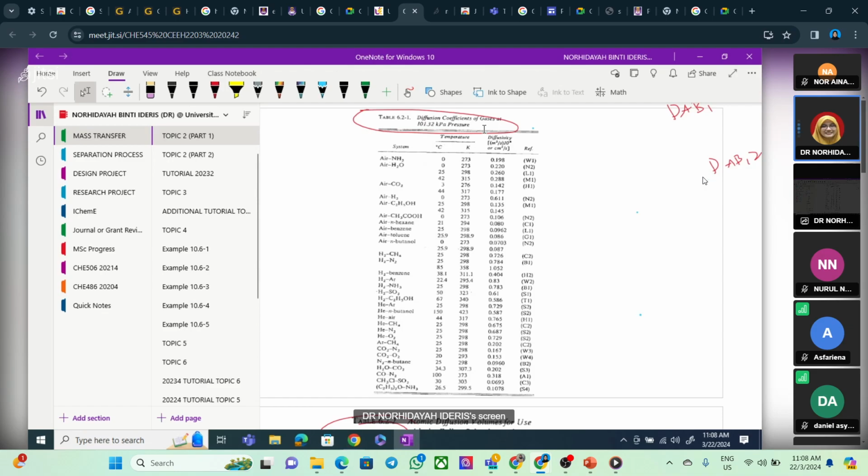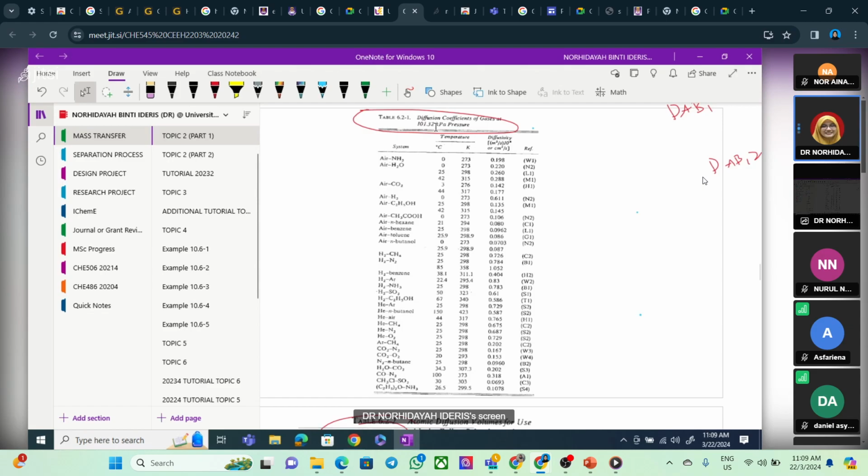If you can spot here, this is the diffusion coefficient of gas at 101.32 kilopascal pressure. For the air and ammonia at 273 Kelvin, this is the value of diffusivity DAB. For gases, the value of DAB is very much influenced by temperature and pressure. This table only refers to the pressure of 101.32 kPa, or 1 atm.